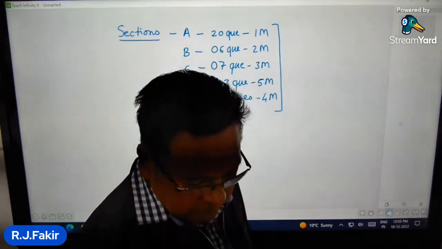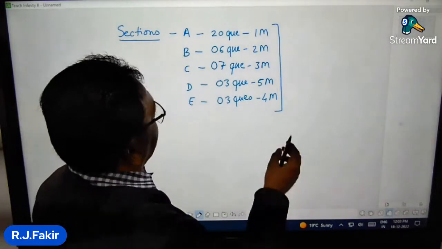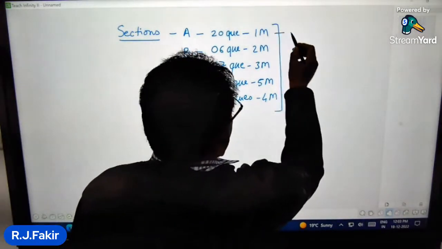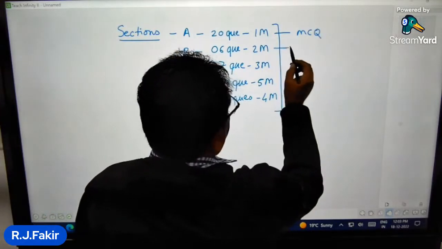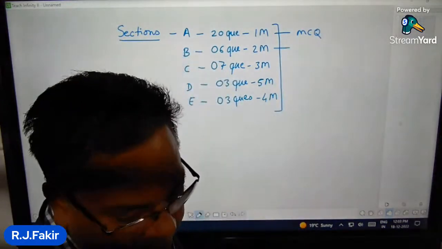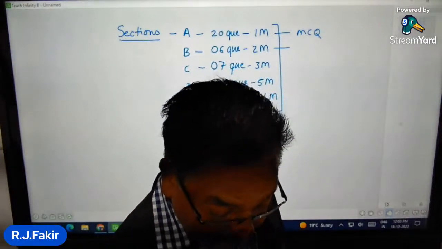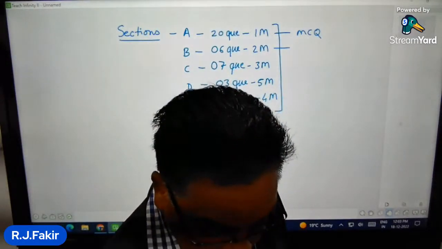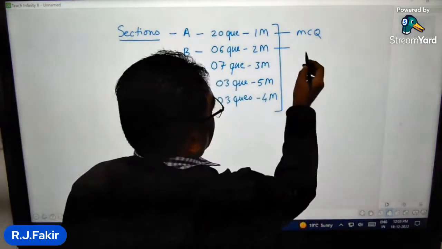Now these section A, if you go section wise, these will be generally MCQs. These 2 mark questions, you have to answer them in 30 to 50 words.